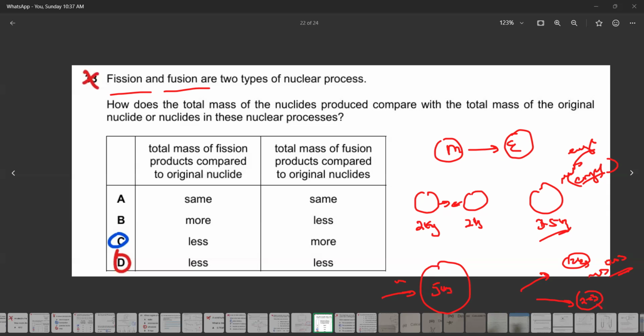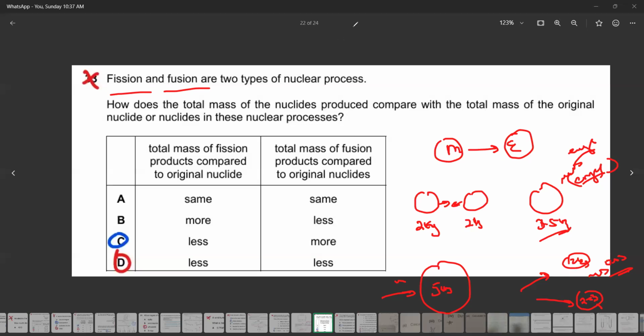So even in a nuclear fusion and a nuclear fission, the total mass will decrease, because the remaining mass is converted into energy and released. If we compare the total mass of a fission product or a fusion product, it will always decrease, and that mass has been converted into energy.